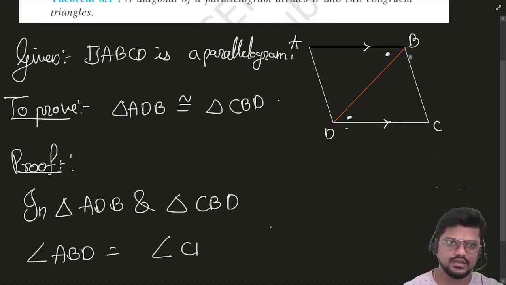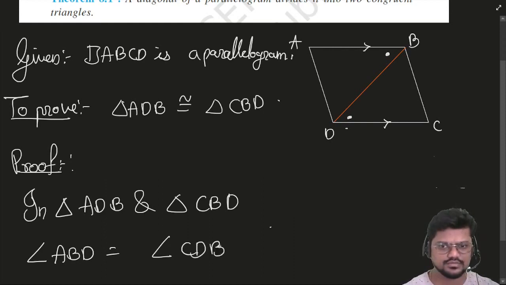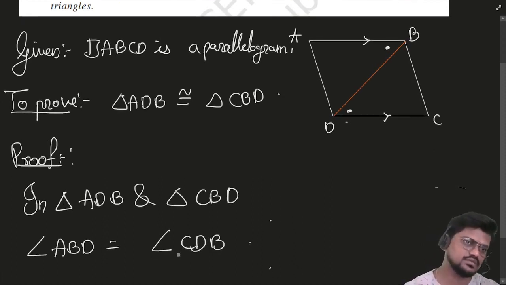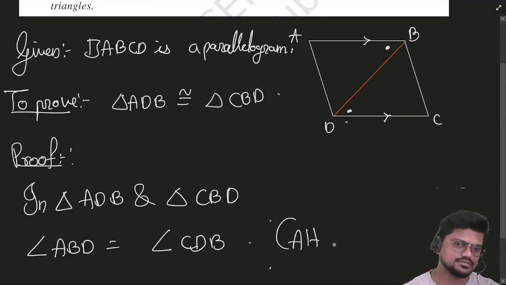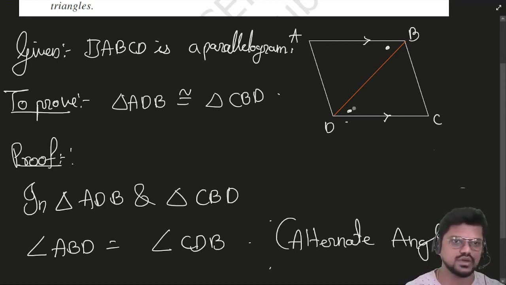Wait, angle ADB and CBD. Yes, this will be CDB. These two angles are equal. Why are they equal? They are alternate angles. Since these two lines are parallel, these two angles will be equal.